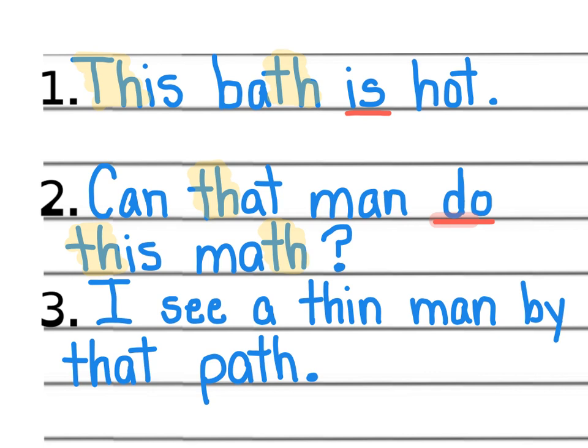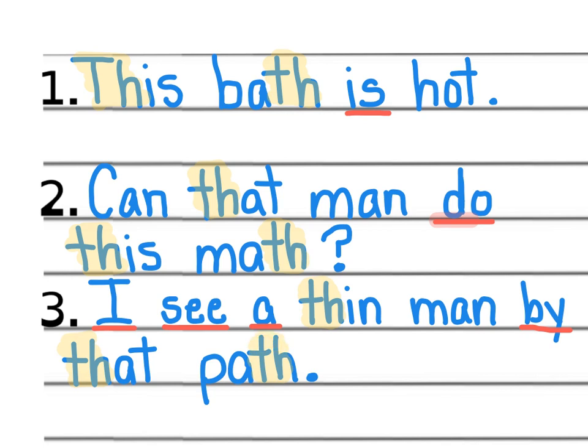And let's go find our red words. We know capital I is a red word. C is a red word. A is a red word. And by is a red word. And let's highlight our digraph. Thin and that and the digraph in path.